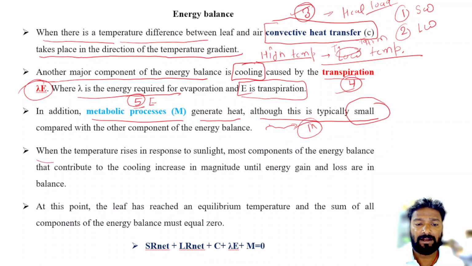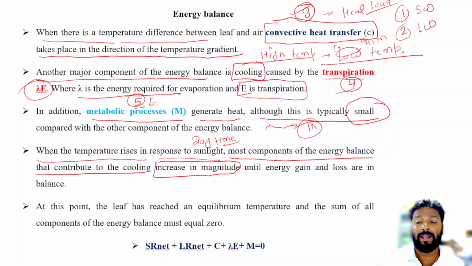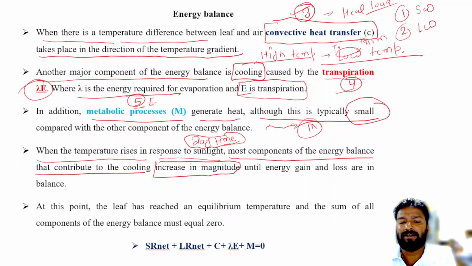When the temperature rises in response to sunlight, or during the daytime when the temperature is very high, most components of the energy balance that contribute to cooling increase in magnitude. The components responsible for cooling the plant increase their magnitude until energy gain and loss are in balance.